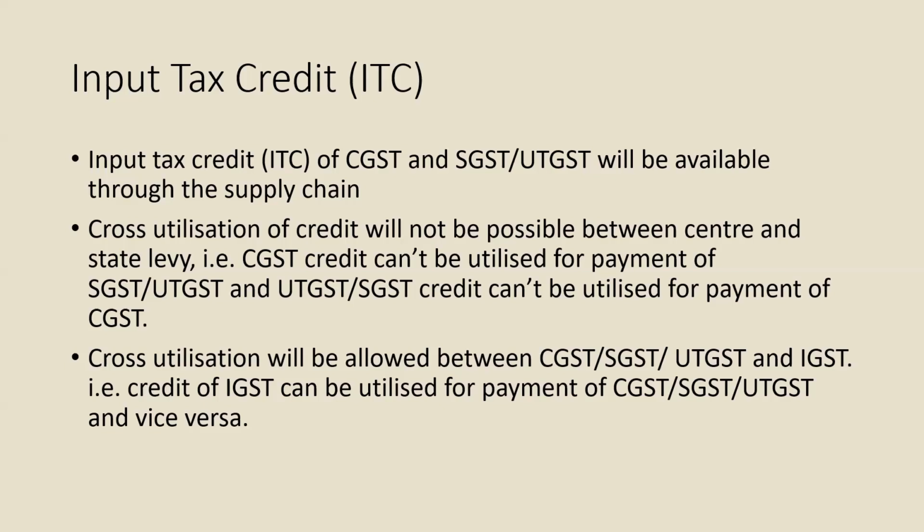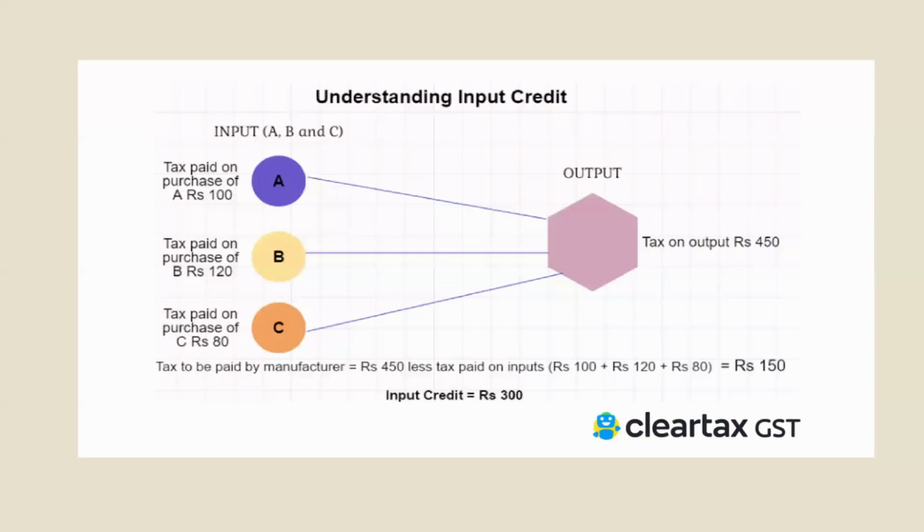If there is no IGST liability, then that credit can be taken to CGST and to SGST. So that seamless flow for credit adjustment is possible only with IGST. Okay? This is how you can understand input tax credit, which I explained to you through an example.